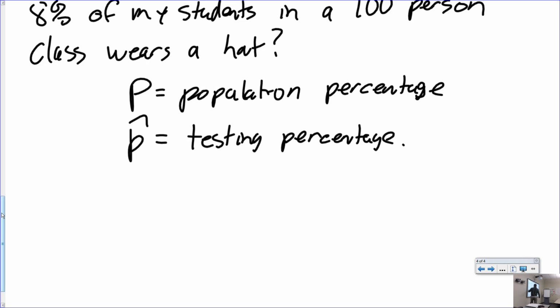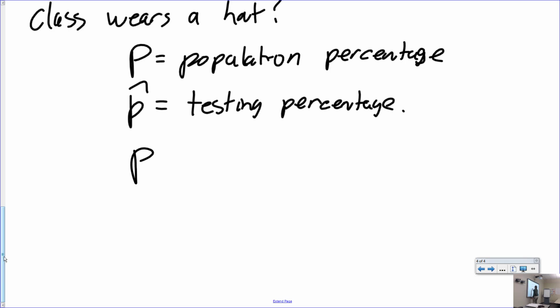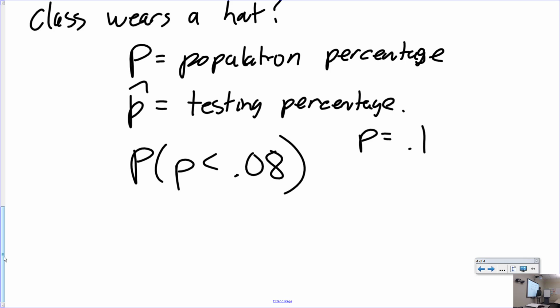So what question did I ask you? I basically asked you, what's the probability that p hat is less than 0.08? And you would say that p is 0.1, p hat is 0.08, and n is 100.